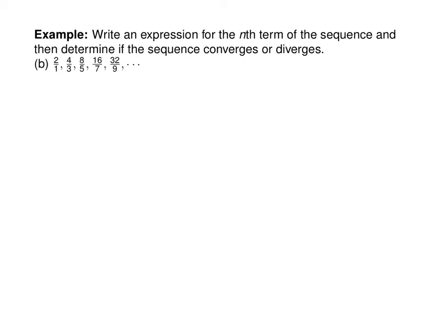Now this next one's a little bit more tricky. The numerators appear to be powers of 2. We have 2, 4, 8, 16. So my numerator is probably given by 2 to the n. Now the denominators are 1 less than twice the term.